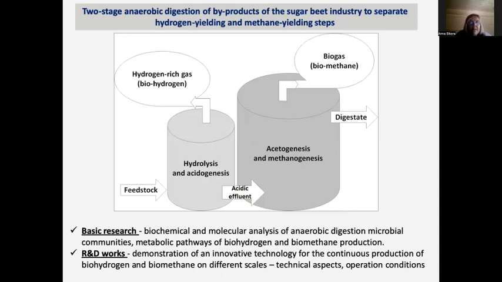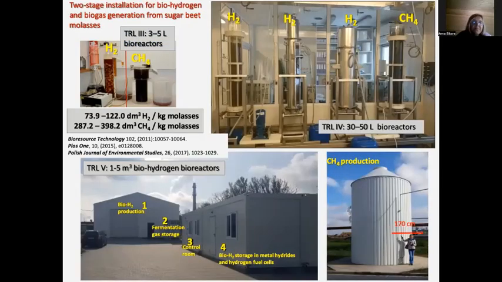Both of them, it means tenfold in large and a quarter scale installations, are located and operate in Dobrzyn Sugar Factory. The studies were described in Bioresource Technology +1 and Polish Journal of Environmental Studies. Next slide, please.